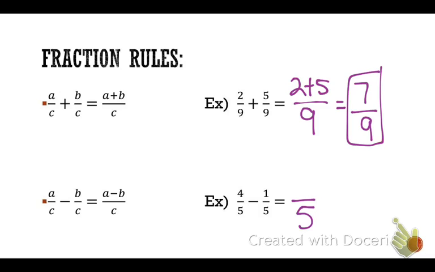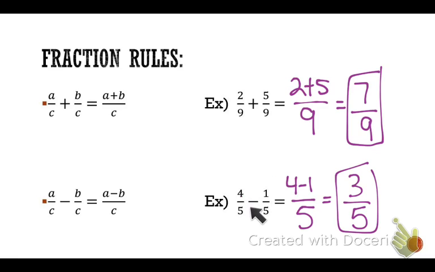In the numerator, I need to take what minus what? 4 minus 1, which gives me 3. Now, on problems that are quite this easy, I would not expect you to have to write the 4 minus 1 step. But today we might need to write that step because it's not just going to be numbers, we're going to be involving rational expressions.